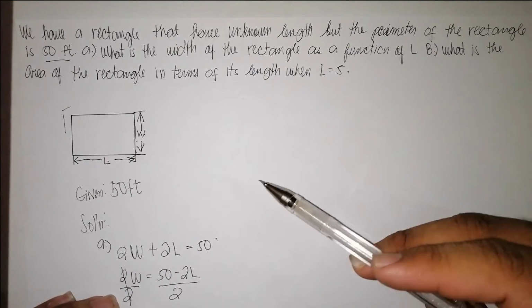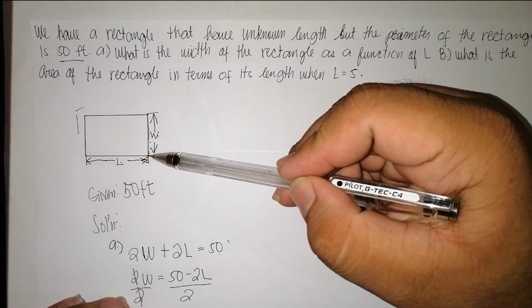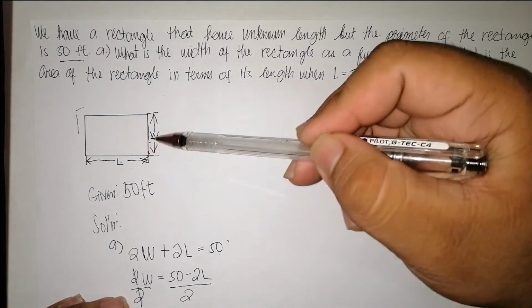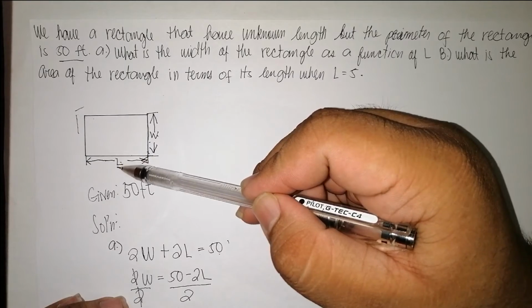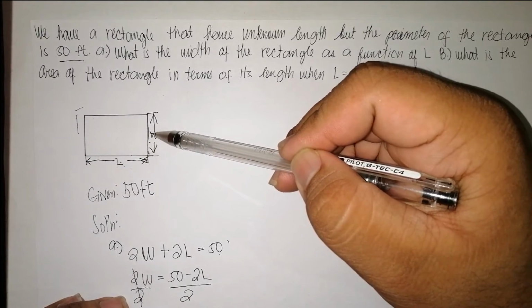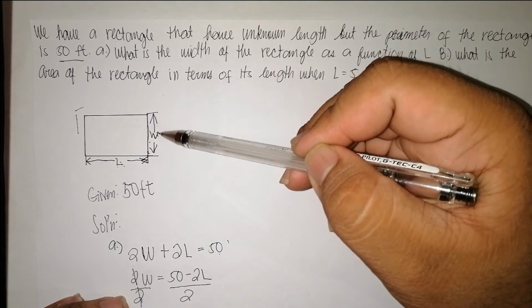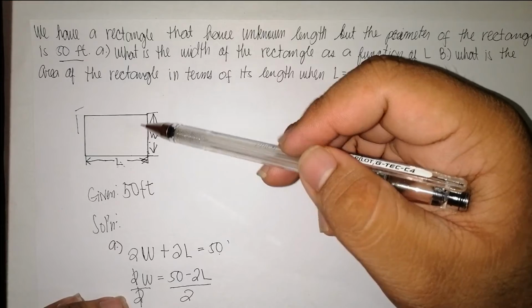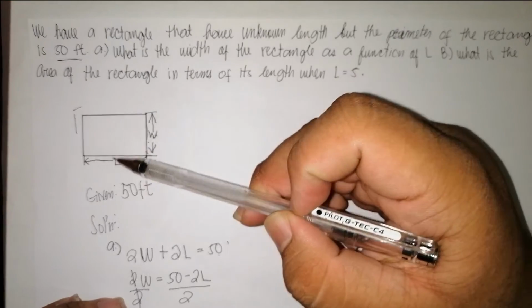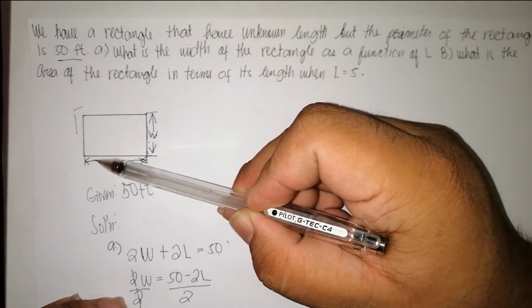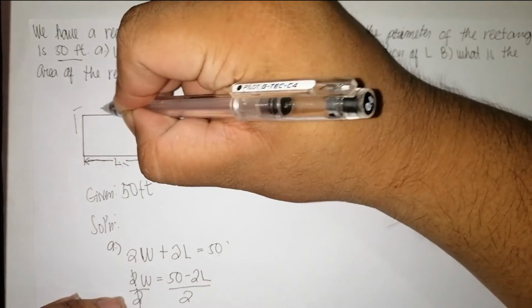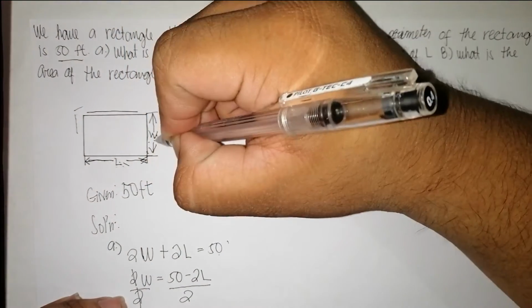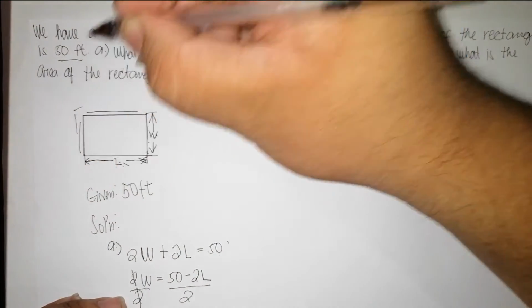So as we can see here, I have drawn a rectangle. A rectangle has its length, which is represented by this L, and width, which is represented by W. So we all know that a rectangle has two lengths, this one and this one, and also two widths, this one and this one.